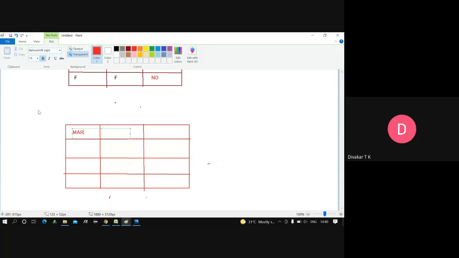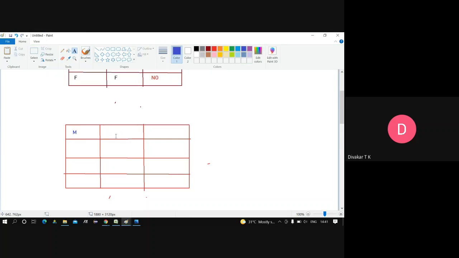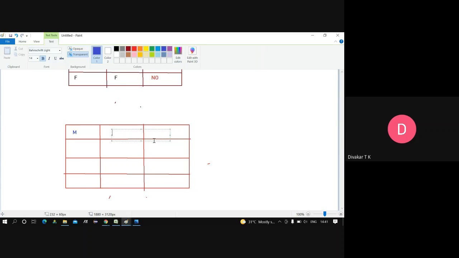See, let's say M means marking. If it is marked, and here also it is marked, both are marked, so please mark it.